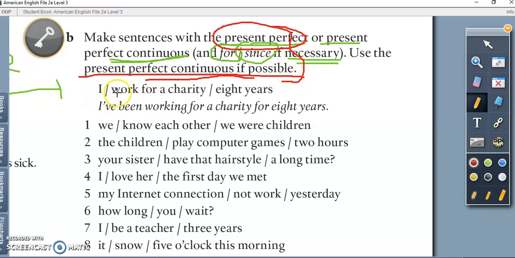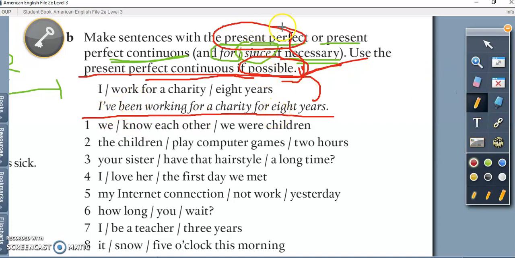I work for a charity 8 years. So you can say, I have worked for a charity for 8 years. Yes. But can you say it in present perfect continuous? Yes. So we're going to use preferably the present perfect continuous. I have been working for a charity for 8 years.